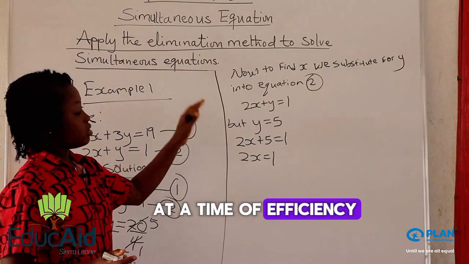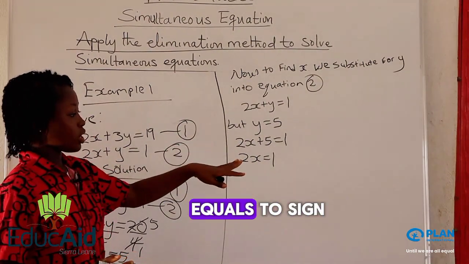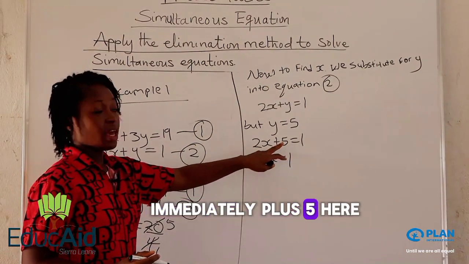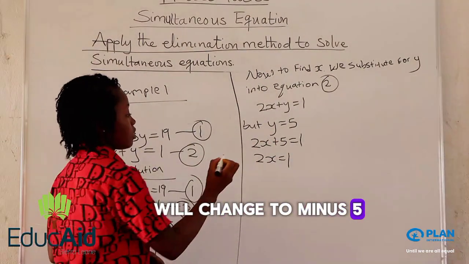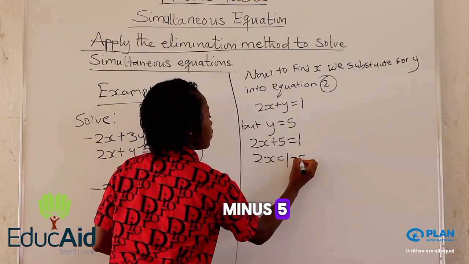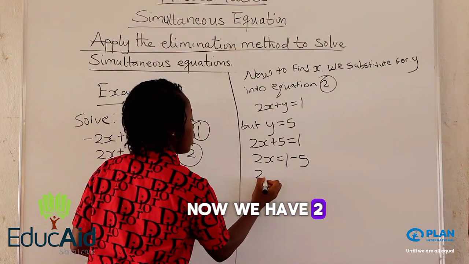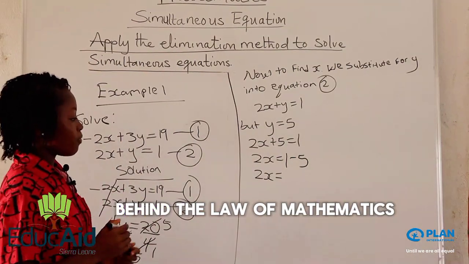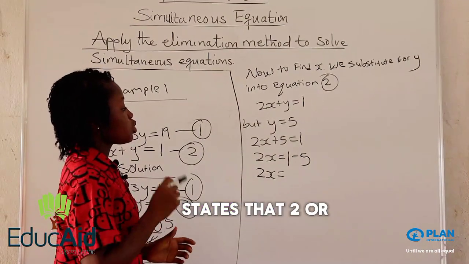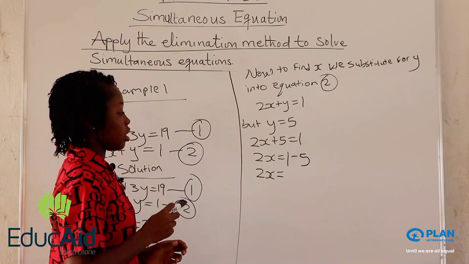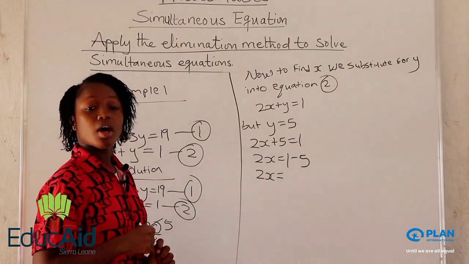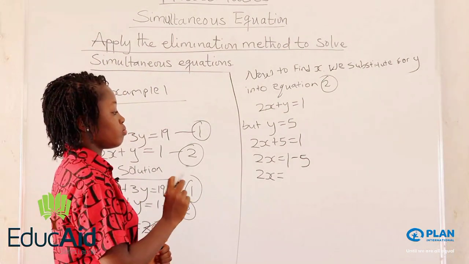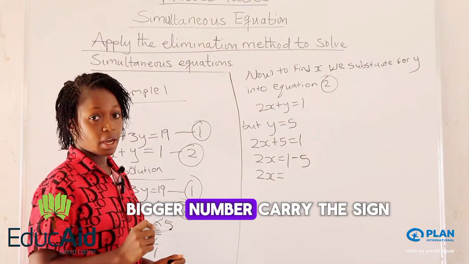Anytime a coefficient is crossing over an equals to sign, the sign changes. So immediately plus 5 here will change to minus 5. Minus 5. So now we have 2x is equals to, but here the law of mathematics states that two unlike terms with a different sign, we minus and the bigger number carries the sign.